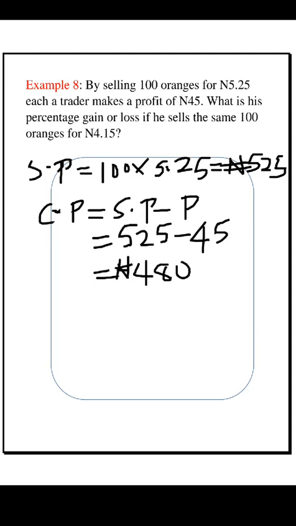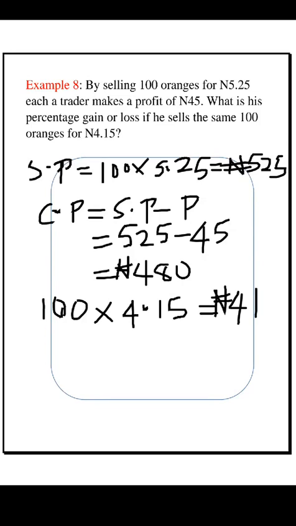Now you are told to find the percentage gain or loss if the person sells the same oranges for 4 naira 15 kobo. So 100 oranges, 4 naira 15 kobo each. 100 times 4.15 is the new selling price, 415 naira.